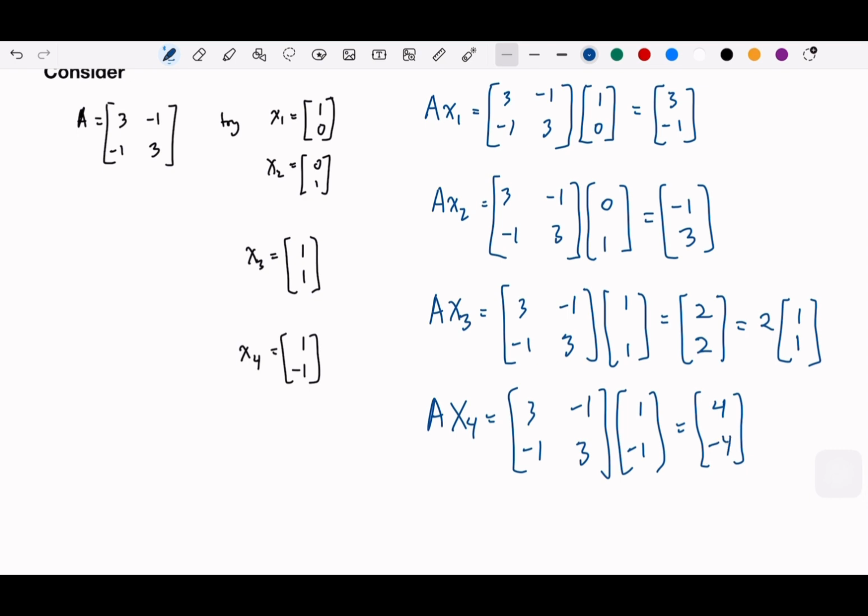And again, we can factorize the scalar, which is 4, and you get that the column will be [1, -1].